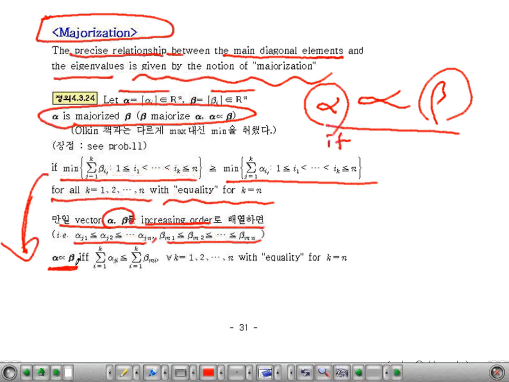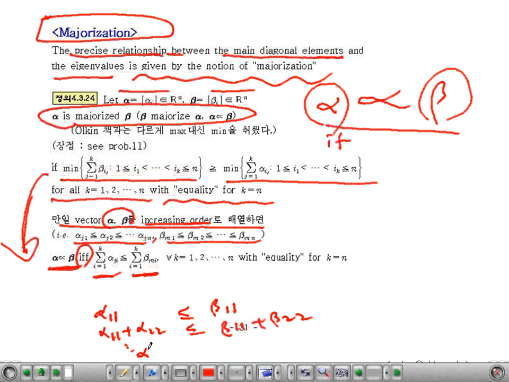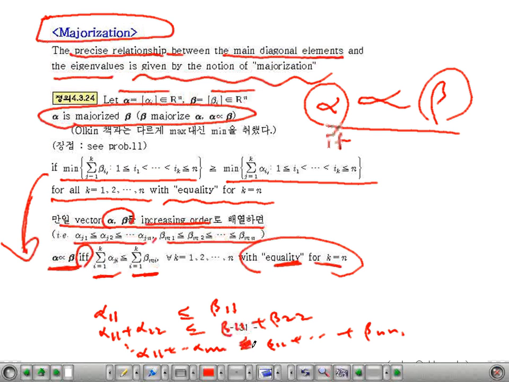Alpha is majorized by beta if and only if the sum of, for example, alpha 1 is less than or equal to beta 1; alpha 1 plus alpha 2 is less than or equal to beta 1 plus beta 2; and alpha 1 through alpha n equals beta 1 through beta n. You know what I mean?